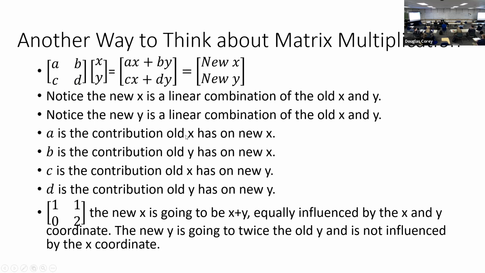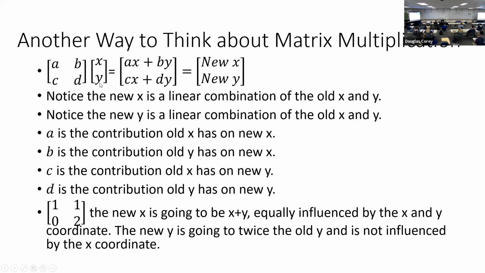A is the contribution old x has on the new x. B is the contribution old y has on the new x. Right, so this ax plus by, that's the first line, the a and the b. Those are going to tell me how to make my new x. So I take a times the old x and b times the old y, and I get the new x.